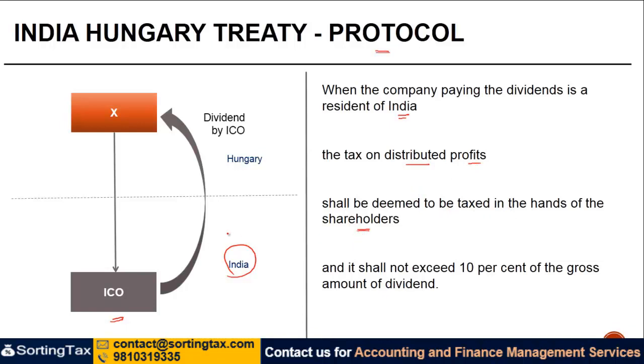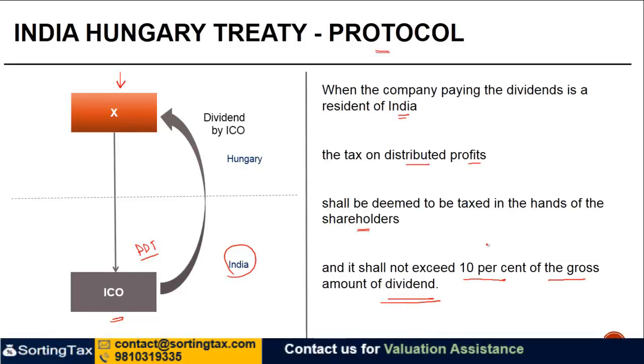So if the Indian company pays some distribution tax, dividend distribution tax, this will be considered as a tax in the hands of the shareholders and it shall not exceed 10% of the gross amount of dividend. Right? So it's debatable, but if you actually interpret this, this says that the dividend distribution tax on such dividend should be 10% of the gross amount.